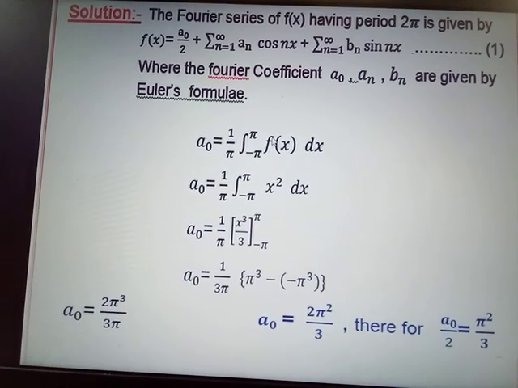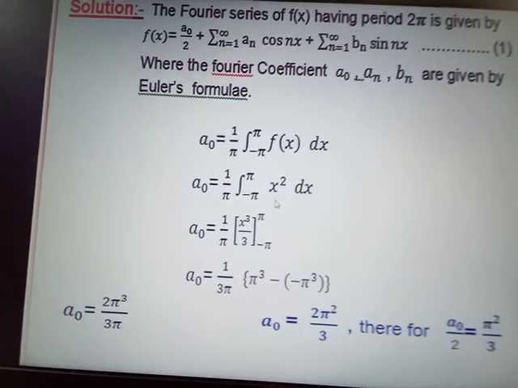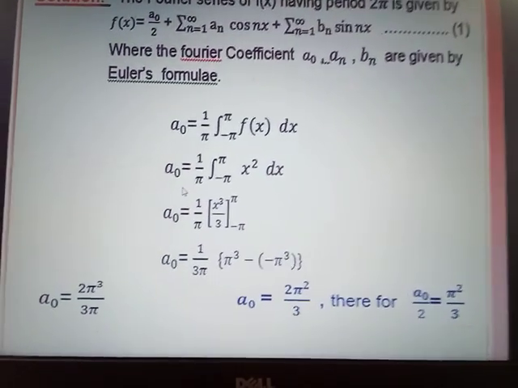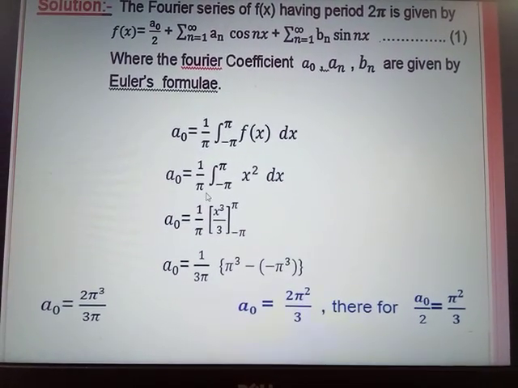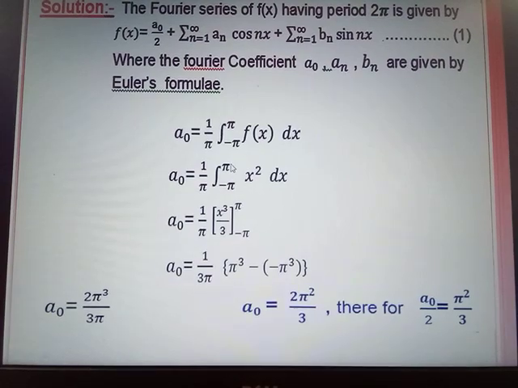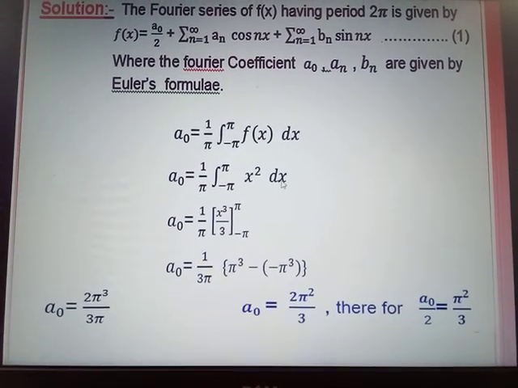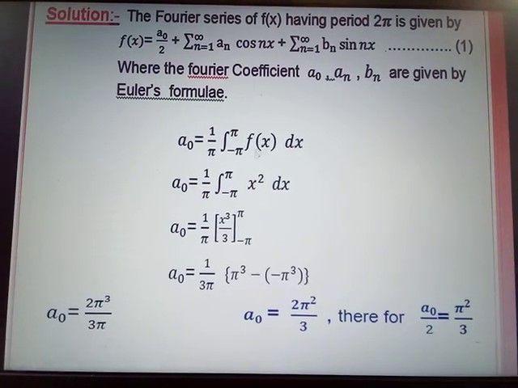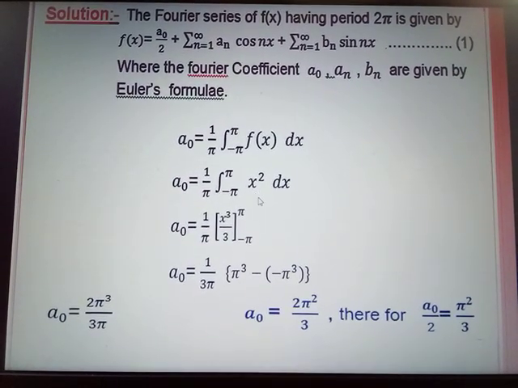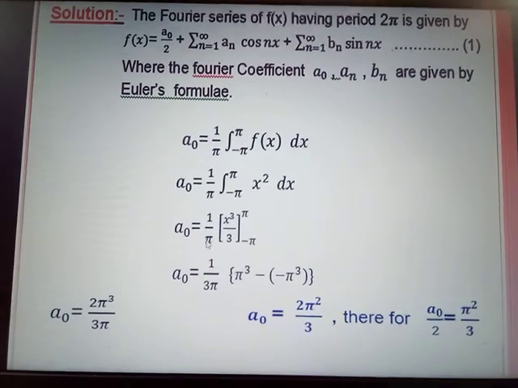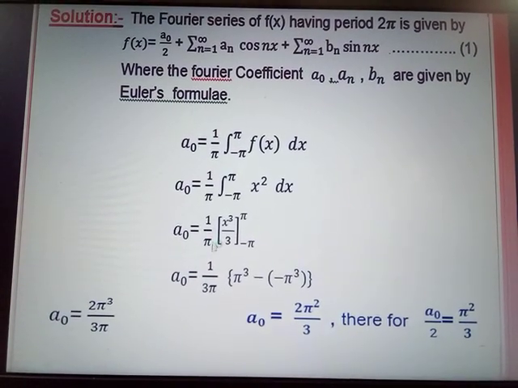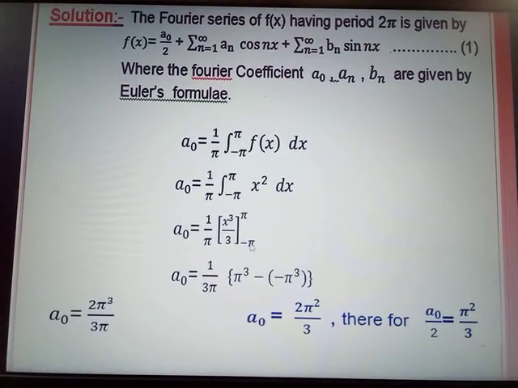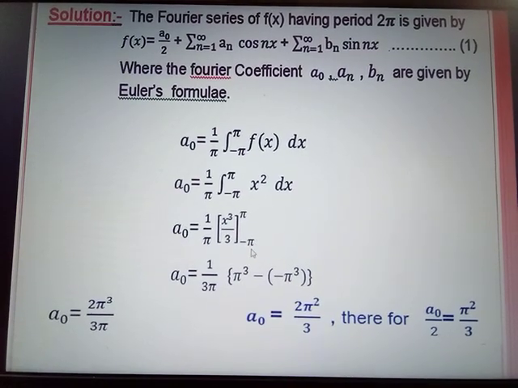We know that f of x is x square, therefore a0 is equal to 1 by pi integration from minus pi to pi x square dx. Then integration of x square is x cube by 3, therefore a0 is equal to 1 by pi x cube by 3, limits from minus pi to pi.